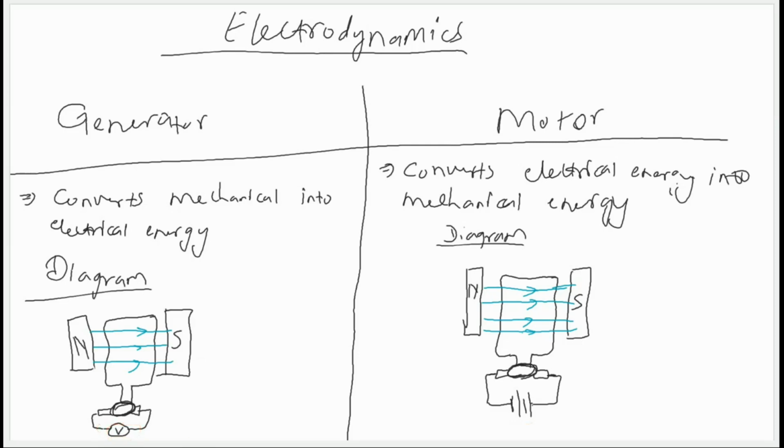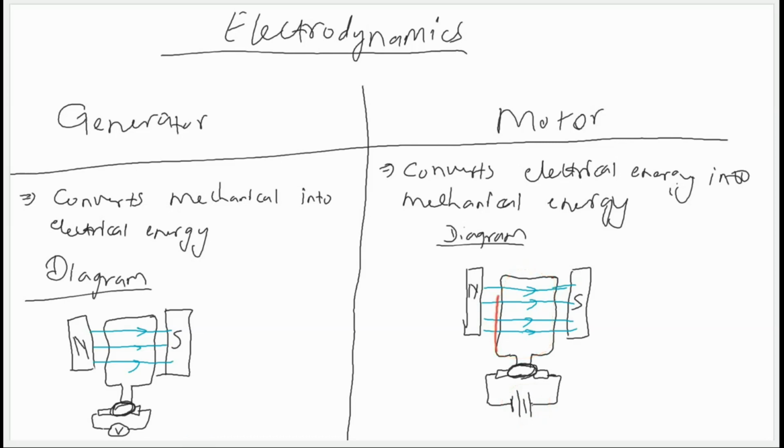Since the generator generates electricity, we will have to read the voltage which is created here on the voltmeter. Whereas in the motor, since we are generating mechanical energy, we will connect the circuit with a battery. So we will have some source of power here, and this power is the one which will make this loop rotate.